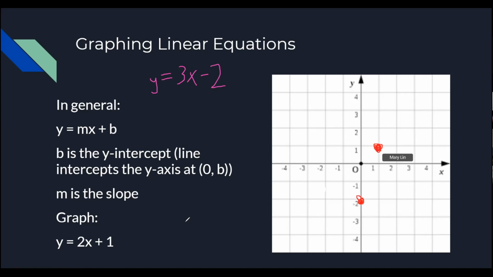Because you go 1 right and you have to go 3 up, right? That's exactly right. Mary is exactly right. From here, you would just extend it out, and that's what the graph of y equals 3x minus 2 looks like.